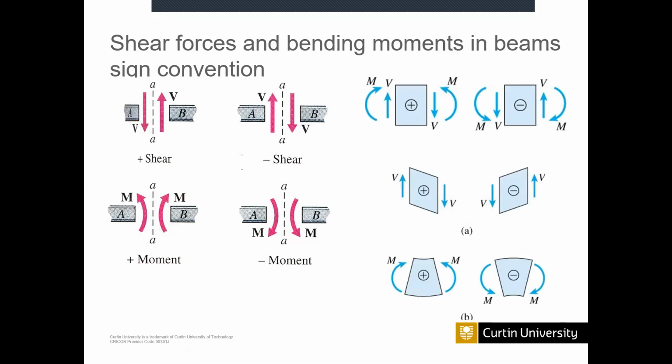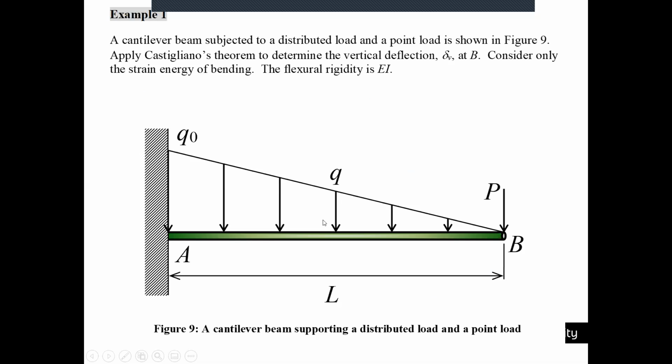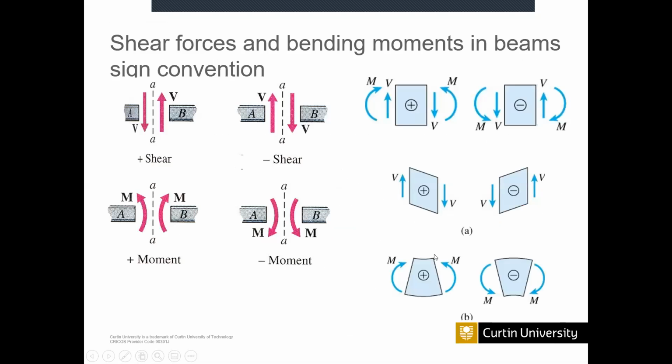So that's why we need the sign convention. If you virtually divide this one, due to this payload, this will bend like this. If it is like this, you call it sagging, and otherwise hogging. I hope you understood this theory last year, in the civil modules, bending moment and other things.